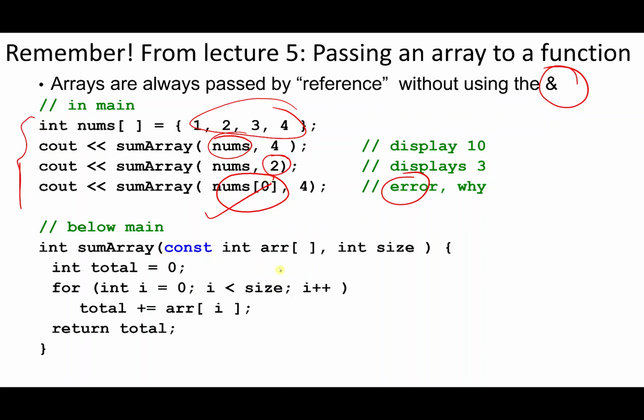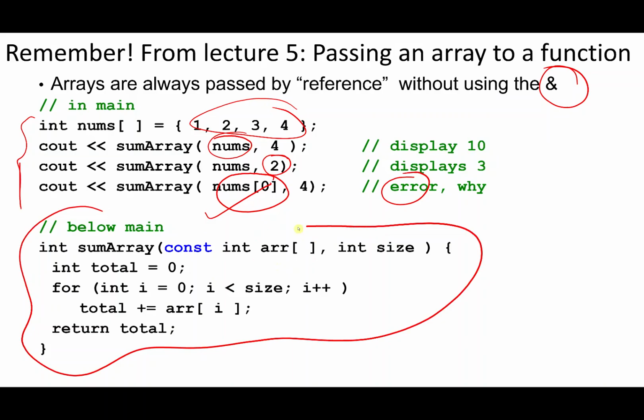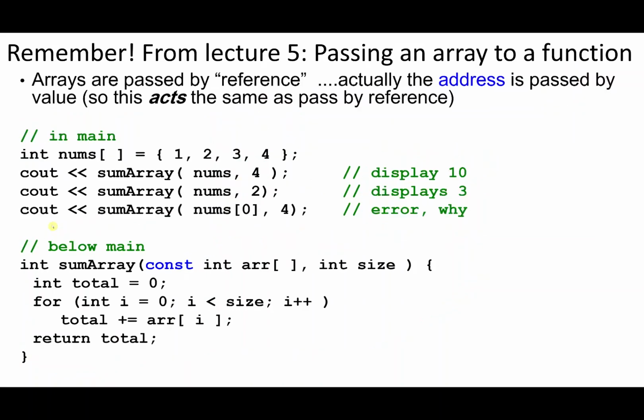Now, this function is using an array parameter. Can we make it use a pointer? Yes. Why? Because behind the scenes, what you were passing when you're passing nums, now we know that nums storing only the address of the first element.